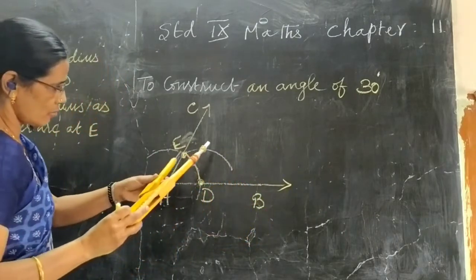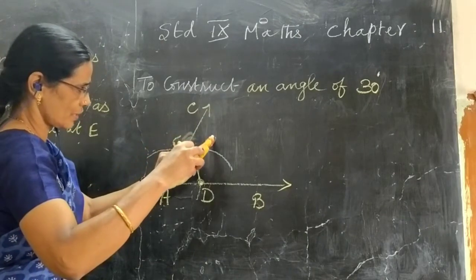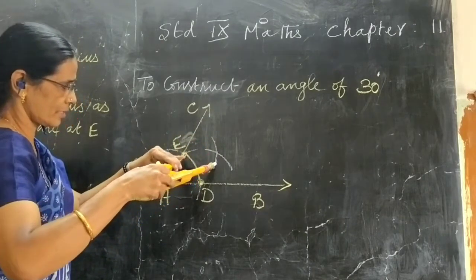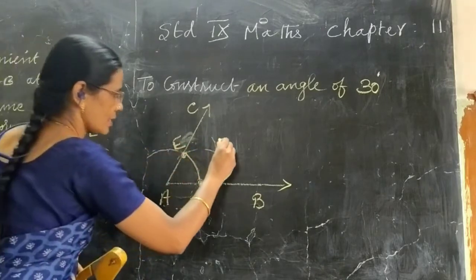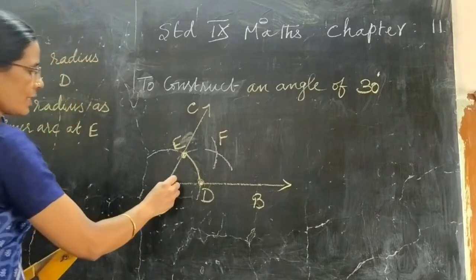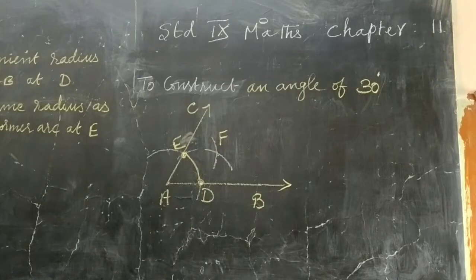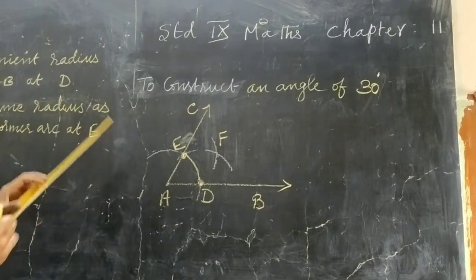Now taking the center E and with the same radius, draw another arc to intersect the previous arc. Let us name this point as F. If I draw a ray AF, that will be the bisector of 60 degree.